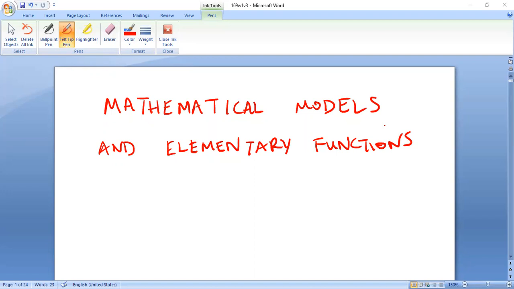They can be actually modeled, and in these models, we will need mostly some elementary functions. Today, we are going to talk about these elementary functions.